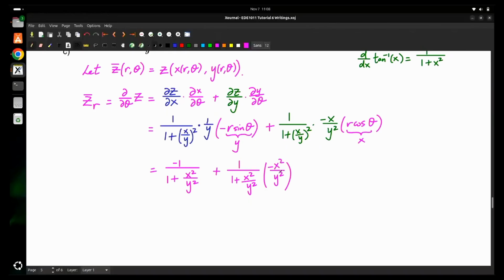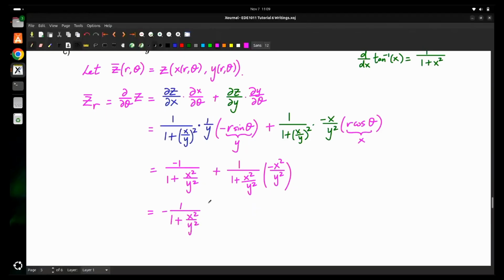Because it is r squared, what? So the r squared cancels, then you get the cosine over sine. So there's a minus here, right? It's a minus. Okay, so I'm going to have minus 1 over 1 plus x squared over y squared.